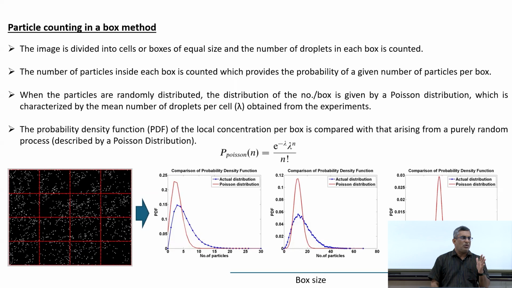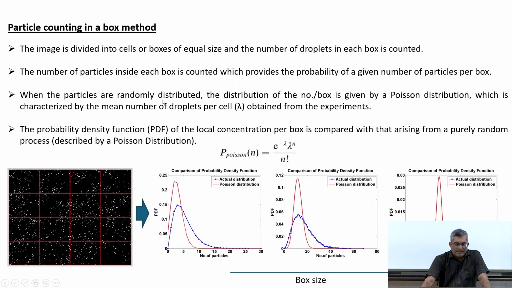What you want to calculate is the probability of finding a given number of particles in a box. What is the probability of finding, say, one particle in a box? Then you count how many boxes have one particle and divide that by the total number of boxes. That gives you the probability of finding one particle in a box. Similarly, you go on doing this from say one particle to say 200 particles. So, you get a probability distribution.